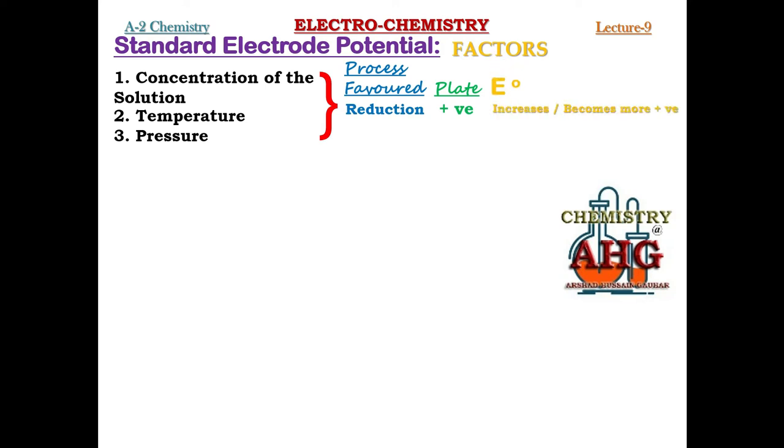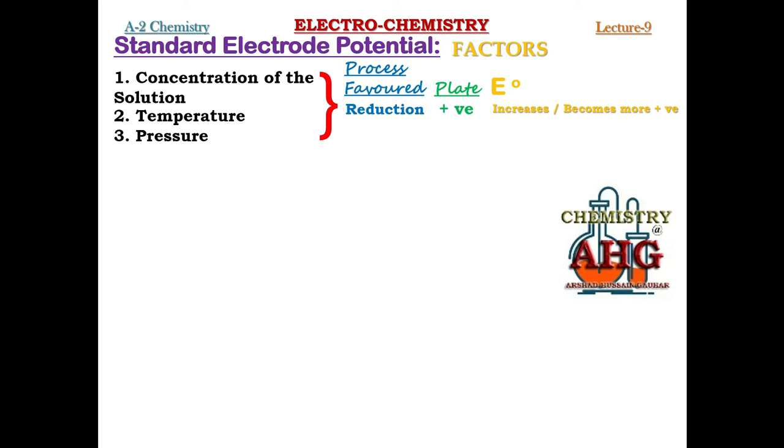So this is what you must remember, whether reduction is favored or oxidation. For the process of reduction: reduction takes place at cathode, cathode becomes positive, so E naught value will increase and become more positive. Then obviously everything will become opposite for oxidation.